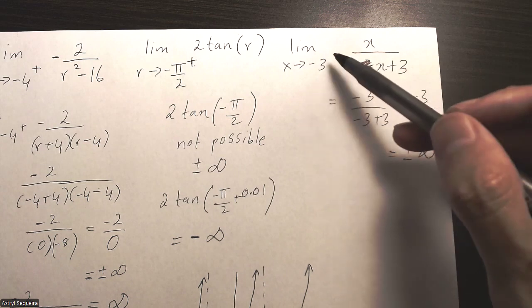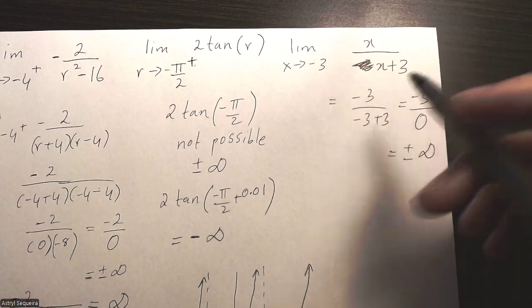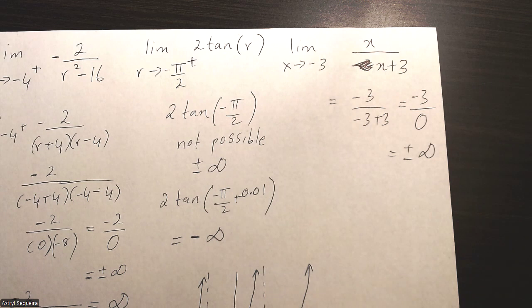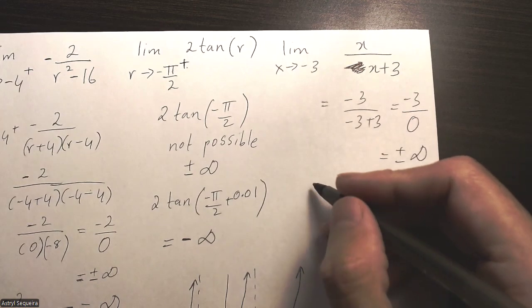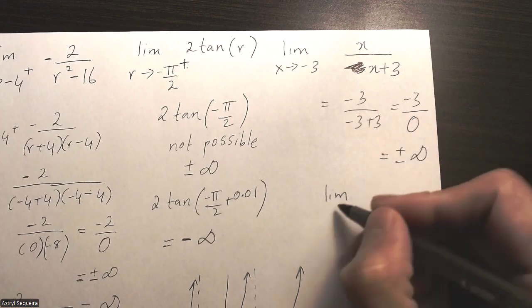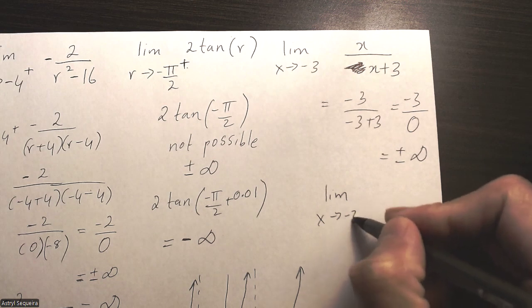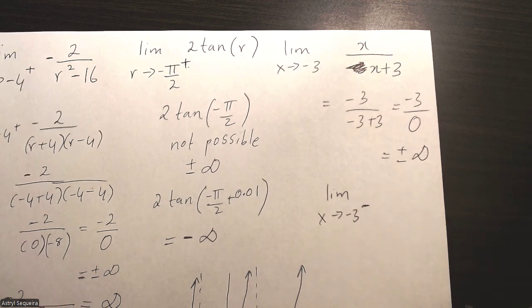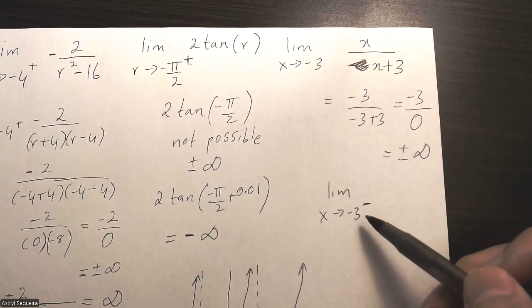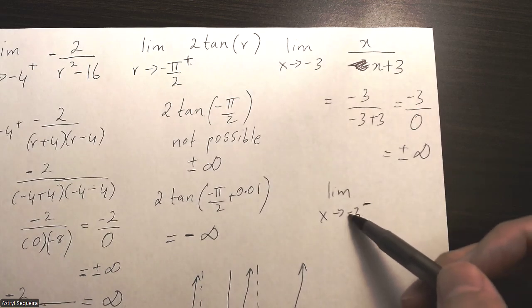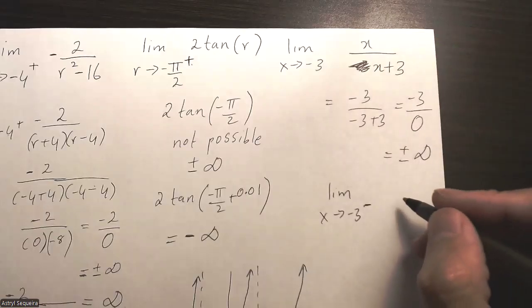Now, for this one, we don't have a left side or right side limit, so we actually have to figure out both side limits for this one. Let's start with the left-sided limit. Lim x approaches -3 from the negative side. That's the left-sided limit. So for this one, I'm going to sub in a value slightly smaller than -3 into this equation.